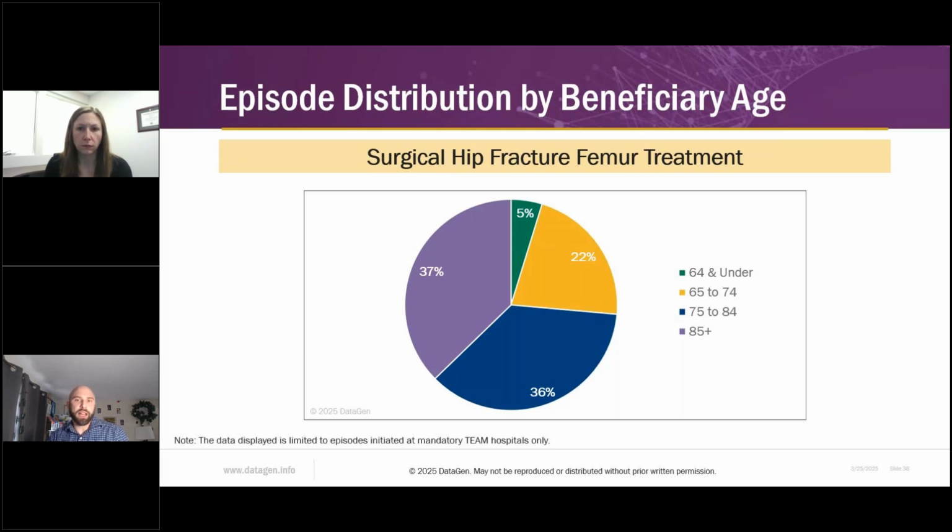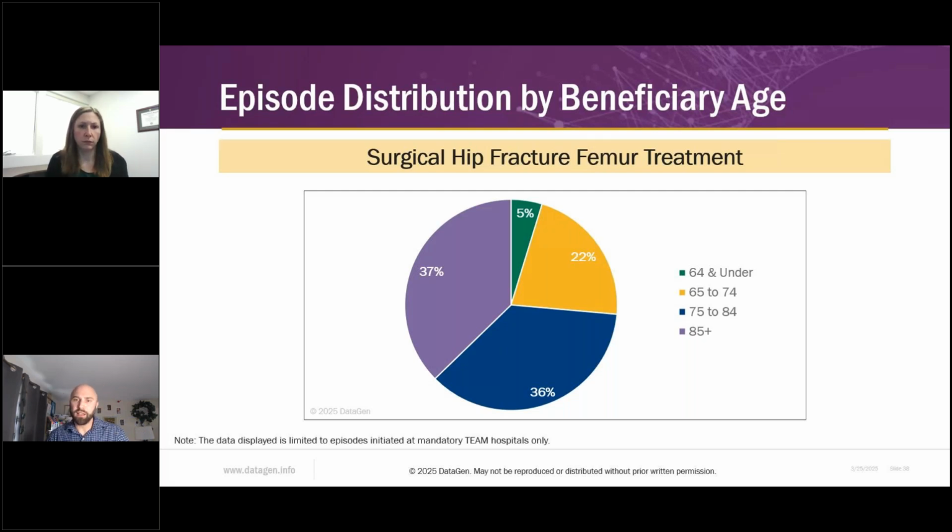About 75% of this bundle have patients 75 or older, whereas compared to lower joints, the 75 and older population is only about 40%. So we're dealing with a much older population.